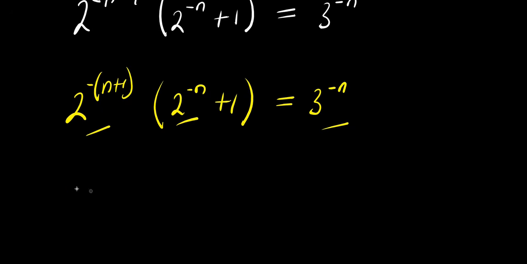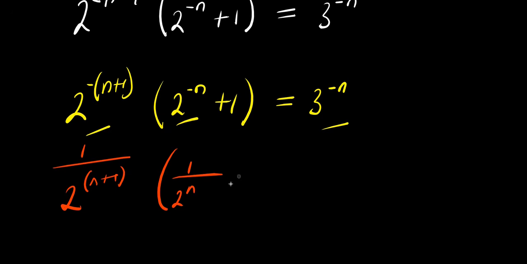So we are simply going to have (1 divided by 2^n minus 1) times (1 divided by 2^n plus 1), and this equals 1 divided by 3^n.